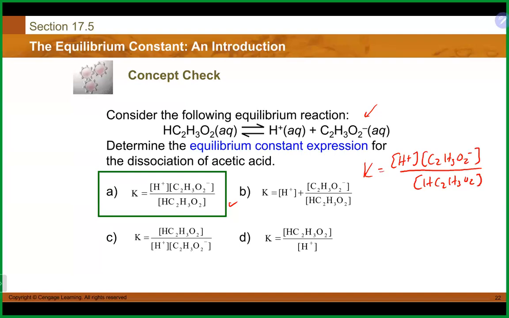Once again here, all the coefficients are 1s, so you don't have to put the 1 in. Again, if you see an equilibrium expression written and there's no number next to the little brackets, it's assumed to be 1, so it's not 0 or anything like that.